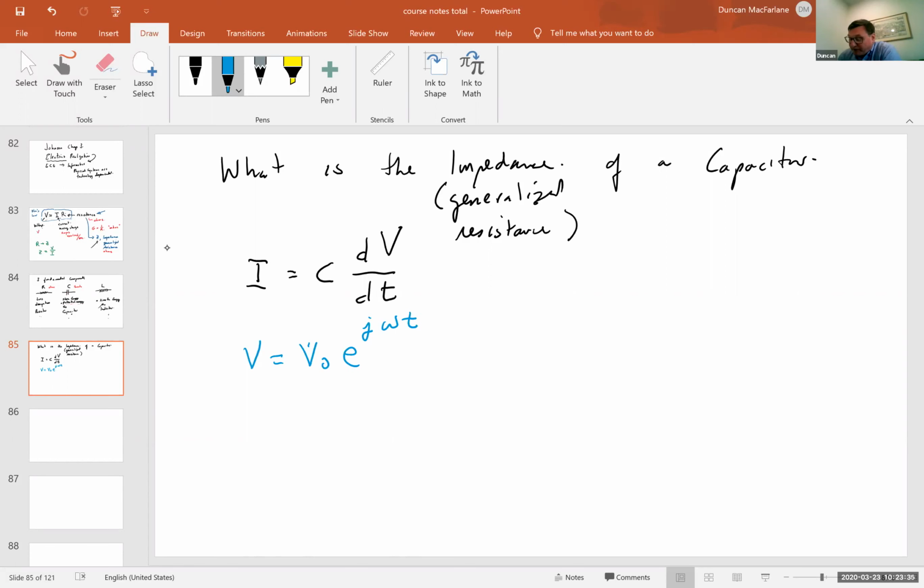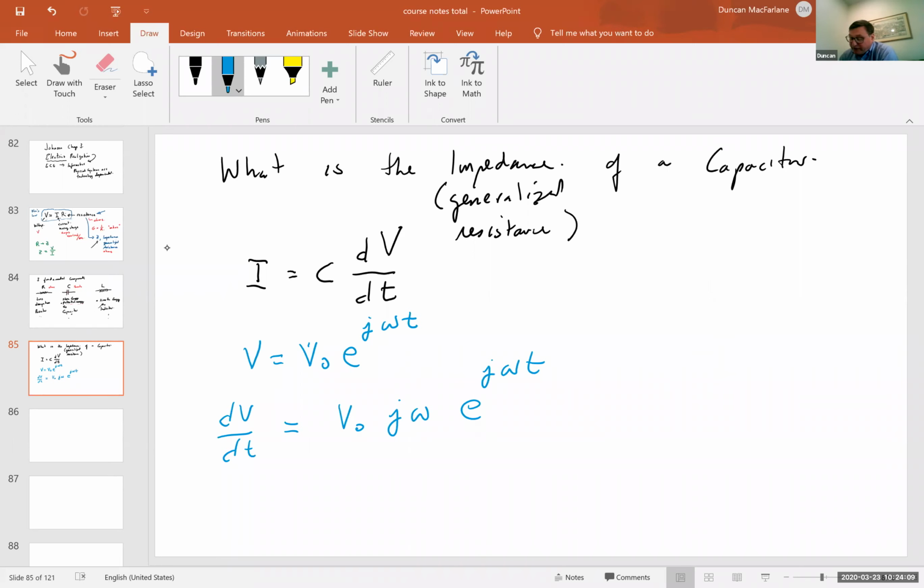And so if I take the derivative of this, the exponent is one of the easiest things to take the derivative of. Because what I get is exactly the same exponent, e to the j omega t, and then multiplied by what the argument in the exponent is, the j omega.